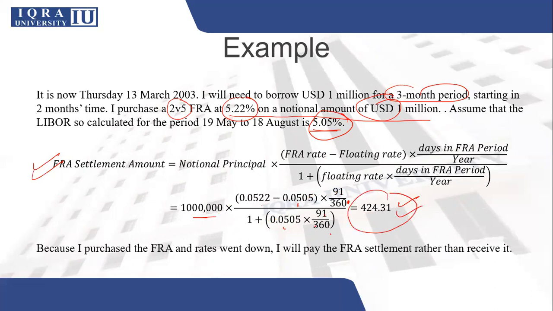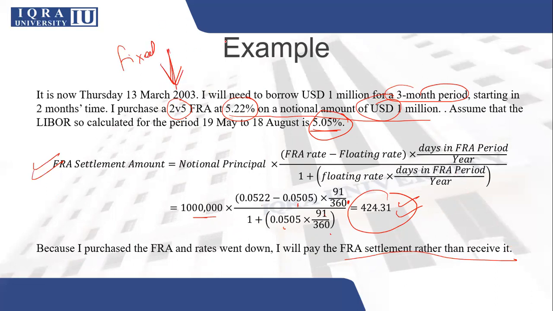Now, who is going to pay the settlement amount? Because I purchased the FRA and the rates went down, I will pay the FRA settlement rather than receive it. So you were the fixed rate payer, right? The fixed rate payer, and the floating rate went down. That means you will have to pay.